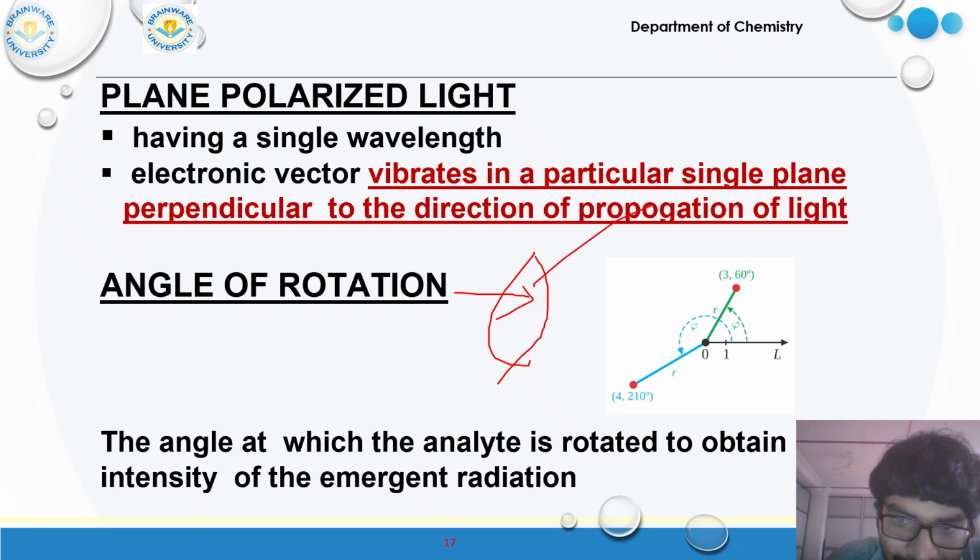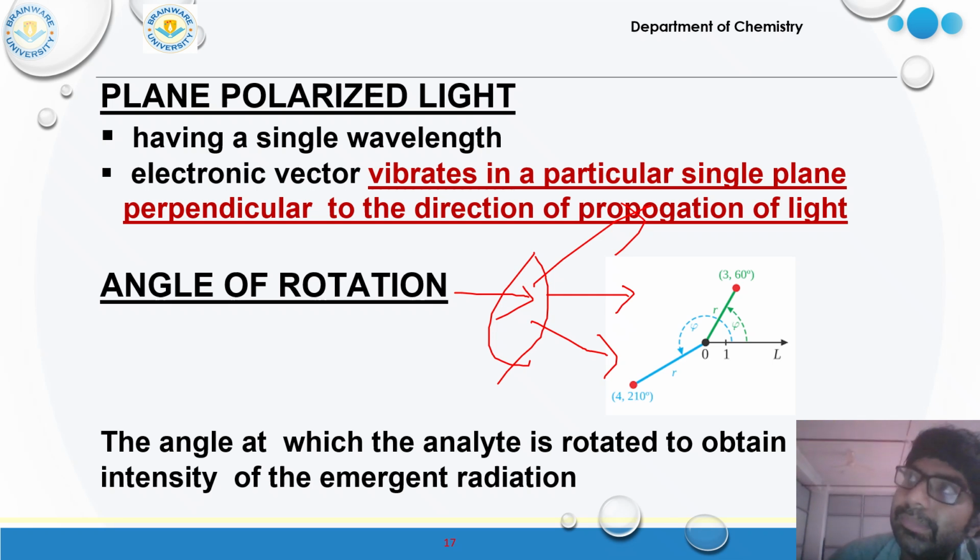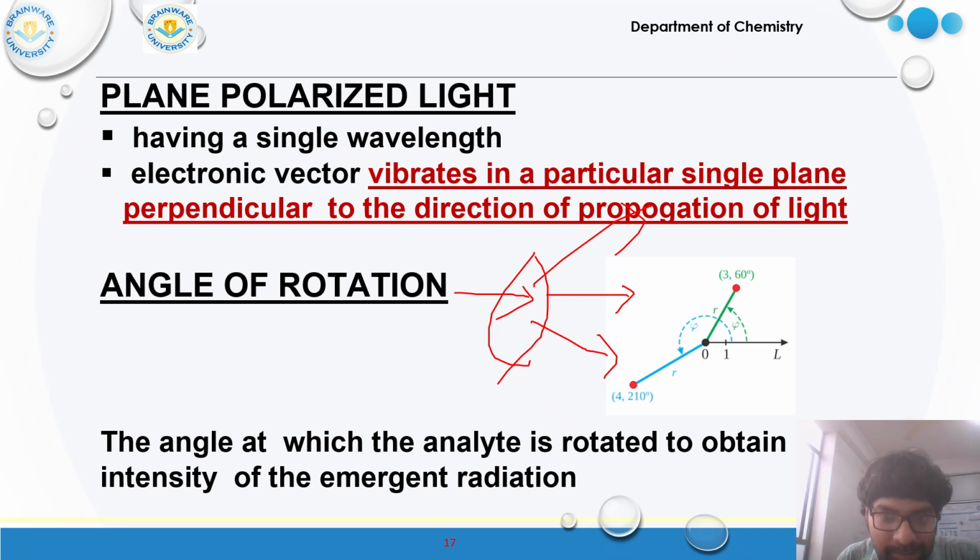Light is coming and it reflects in an infinite number of planes. The light has a single wavelength, but reflection occurs in an infinite number of planes. We call it monochromatic light.